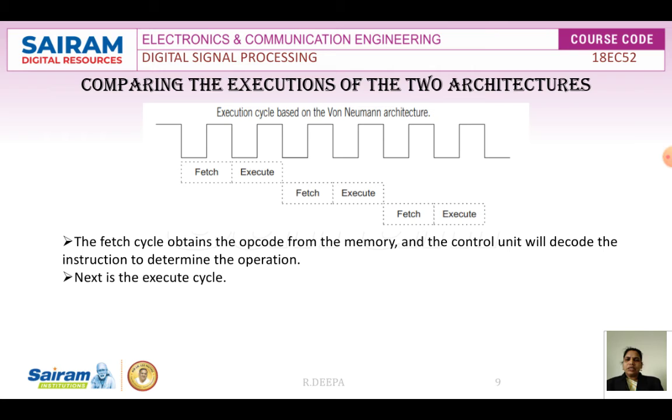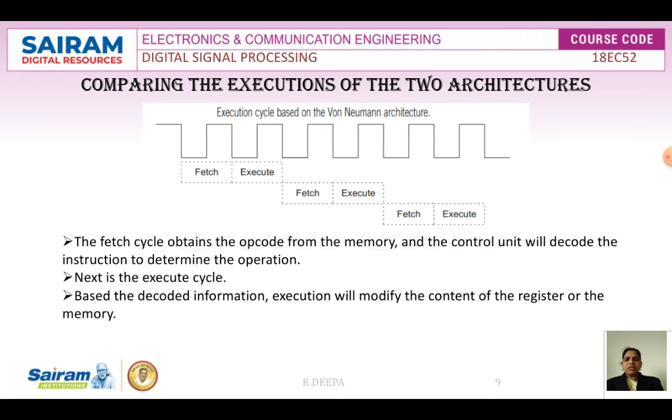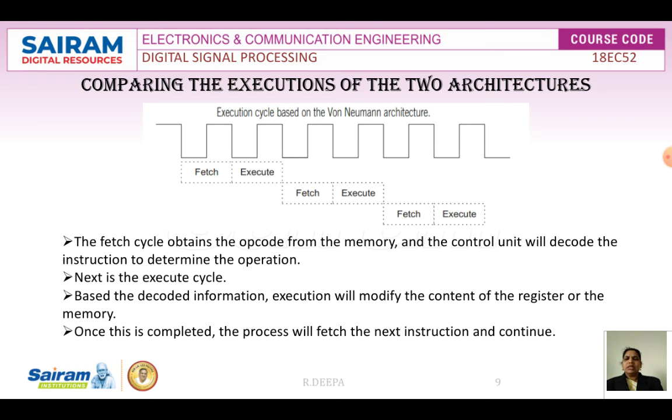And once it determines the operation to be done, it will be done in the execution cycle. And once this execution is completed, the content of the register and the memory will be modified based on the results. And once this process is completed, then the processor is going to fetch the next instruction, and it will continue as such.